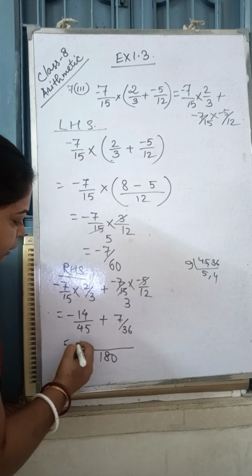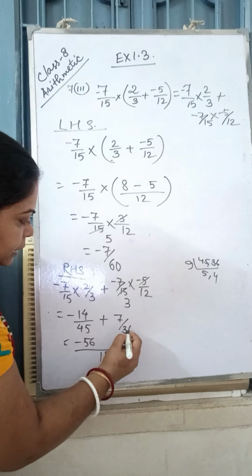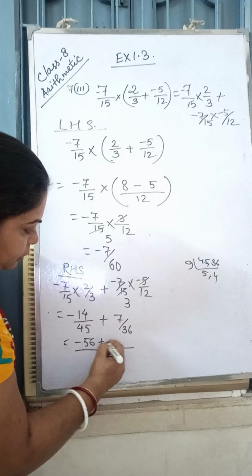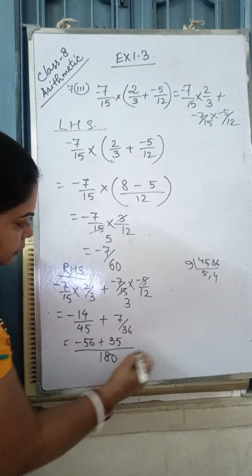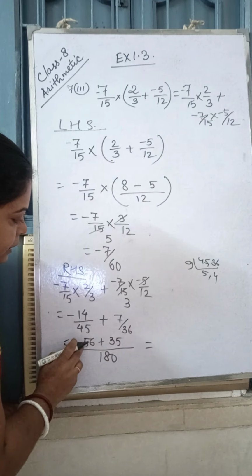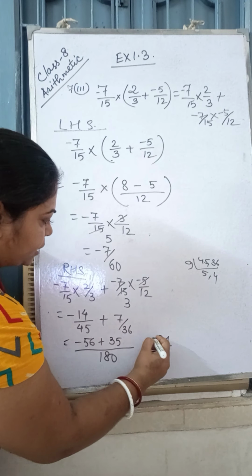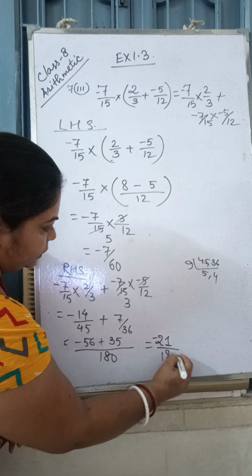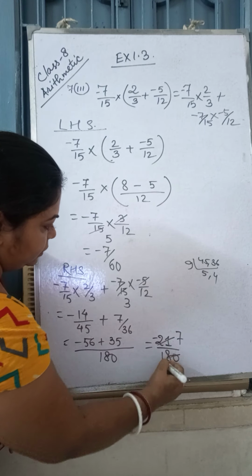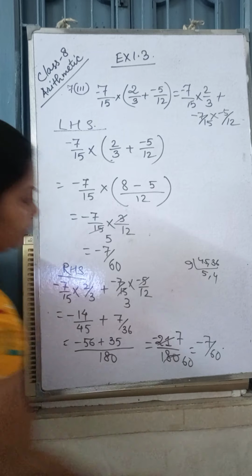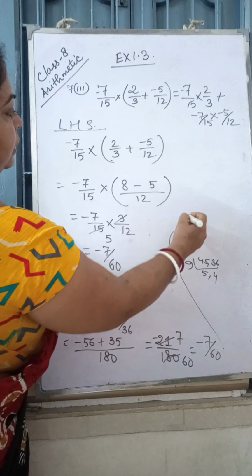45 fours are 180, so minus 56. 36 fives are 180, so 35. Or we get minus 21 by 180, reduce by 3, so we are getting minus 7 by 60. So what do you get?